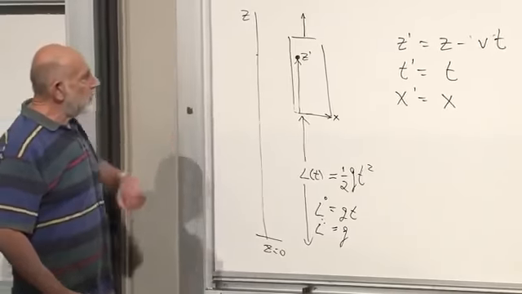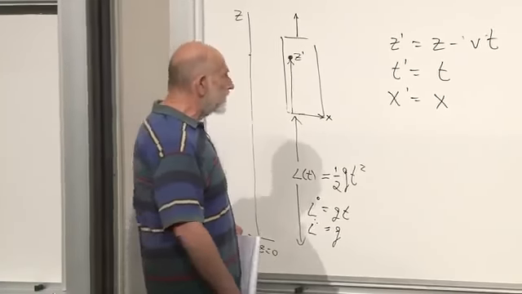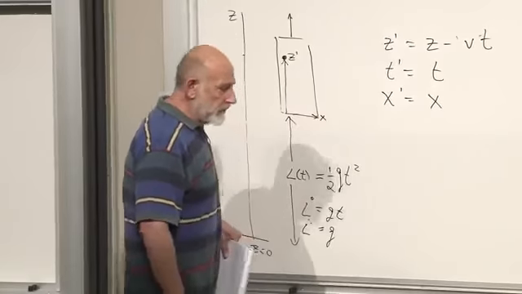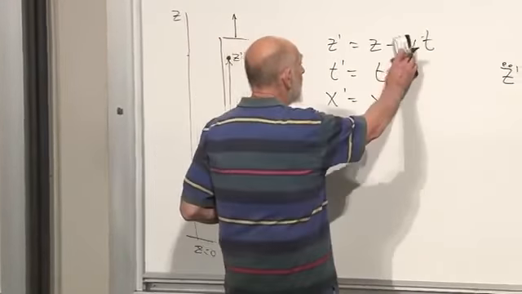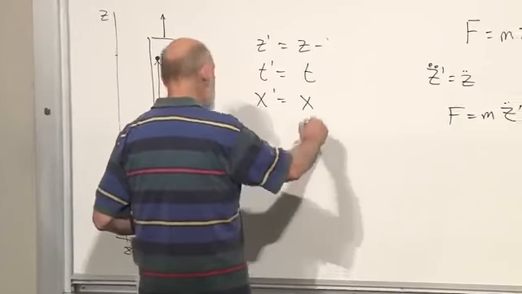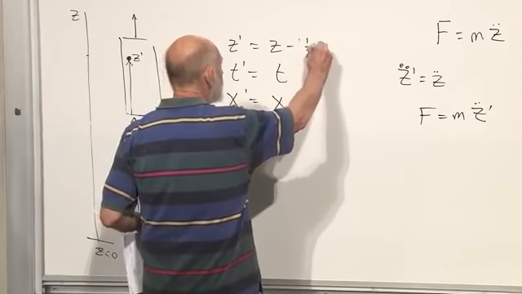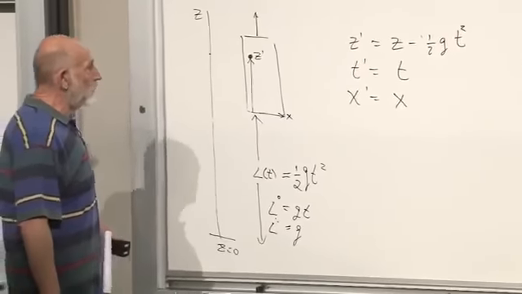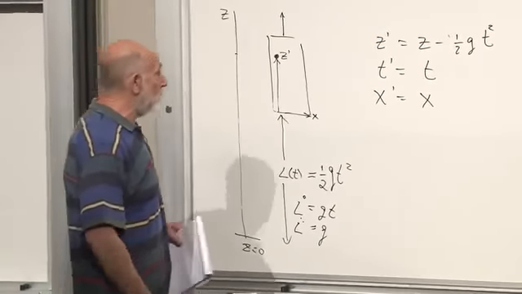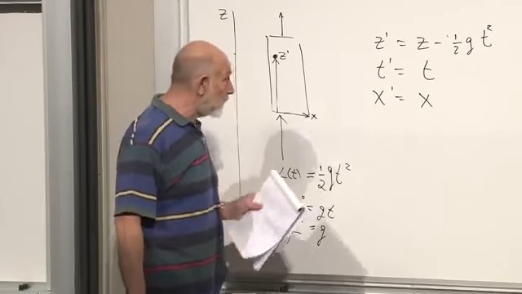So this elevator is uniformly accelerated upward, and the equation connecting the coordinate transformation now is different. It's minus 1/2 gt squared. So that's my new coordinate transformation to represent the relationship between coordinates which are accelerated relative to each other.